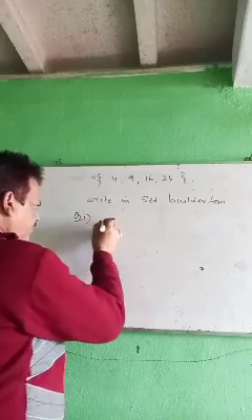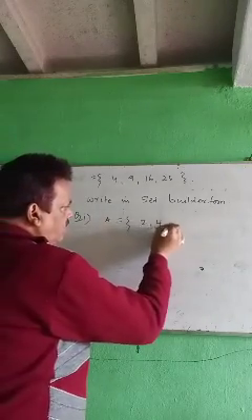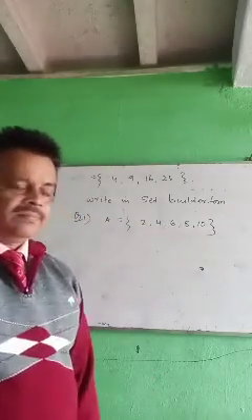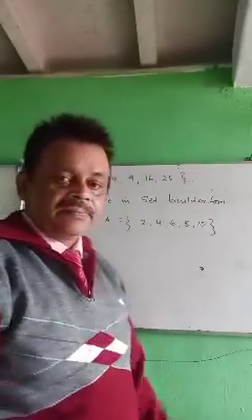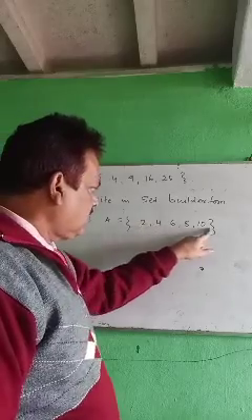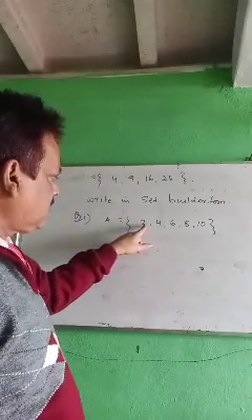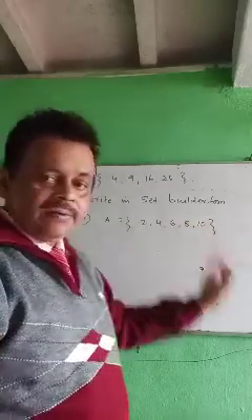Suppose 2, 4, 6, 8, 10. This is given to you in the roster form, you have to write it in the set builder form. So first you notice what is the relation you are finding here. The relation is these are the even numbers 2 to 10.